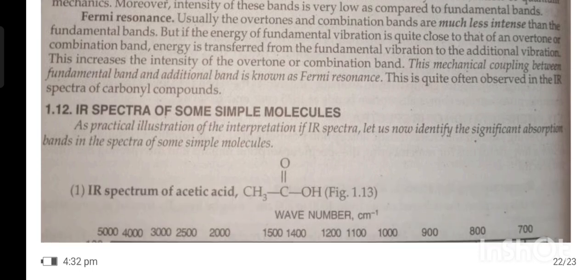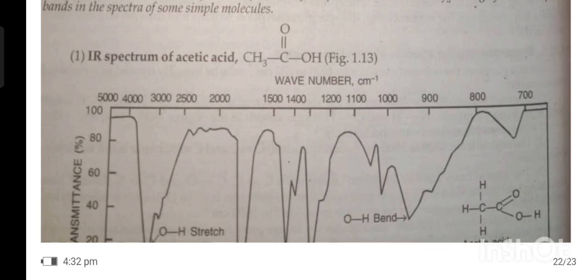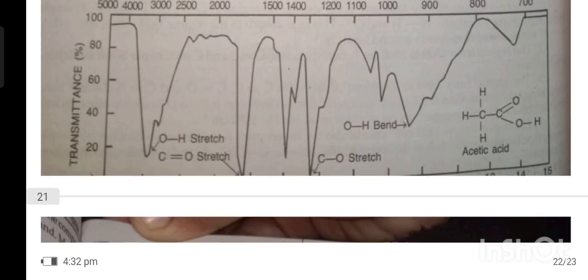IR spectra of some simple molecules are particularly illuminating for interpretation of IR spectra. Let us now identify the significant absorption bands in the spectra of some simple molecules. First, IR spectra of acetic acid in figure 1.13.